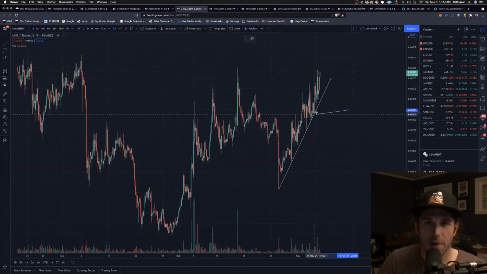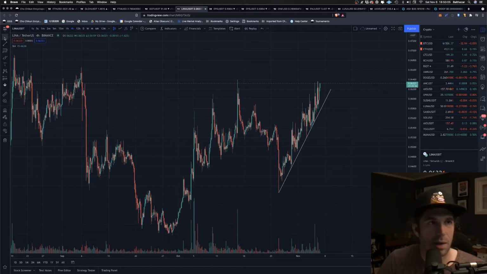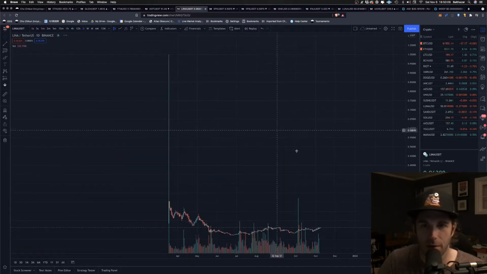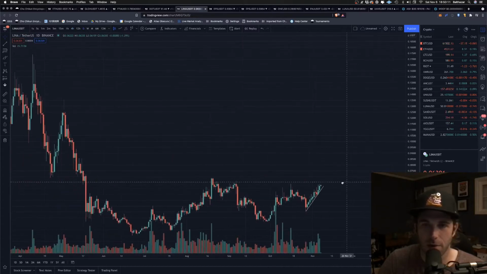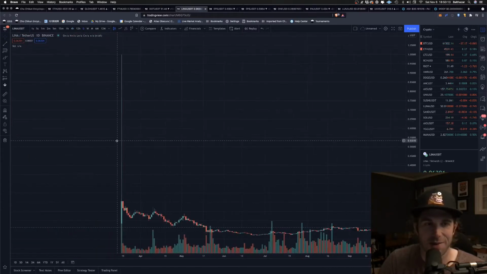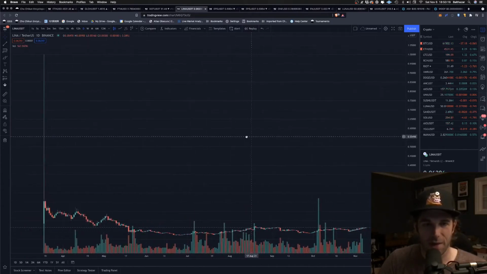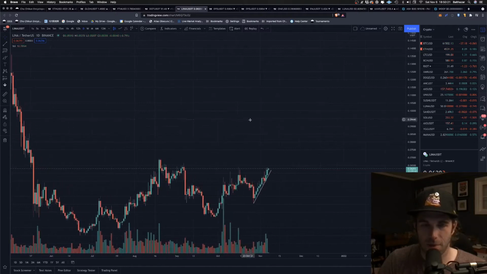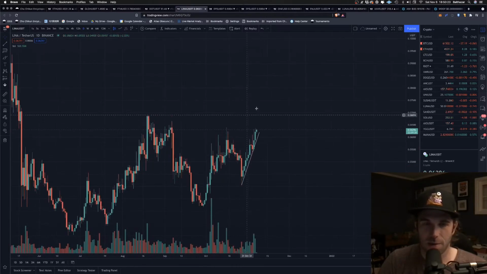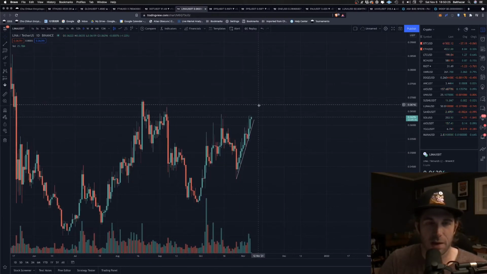That said, I probably need to zoom out a little bit here. So let's zoom out. Okay. Oh yeah, this chart is crazy because there's this one gigantic candle that's throwing the whole thing off. It looks like this is a pretty volatile ticker, and we did just get this bull move.